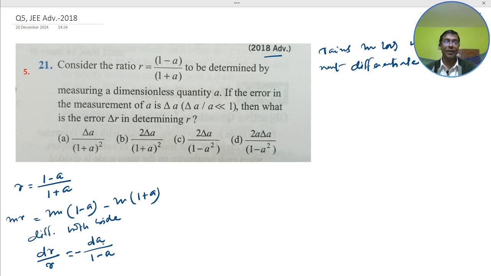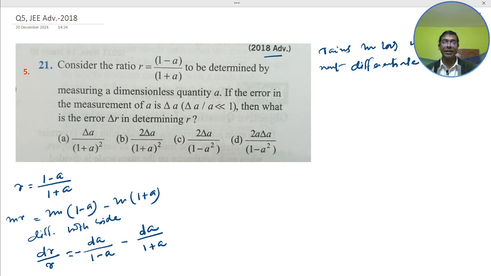Minus ln x is 1 by x, so 1 by (1 plus a), and the a differential would be da, and the minus sign comes first, so minus is coming here.